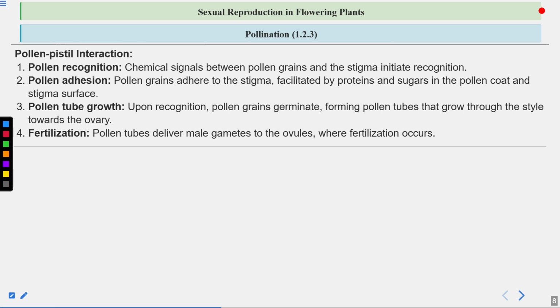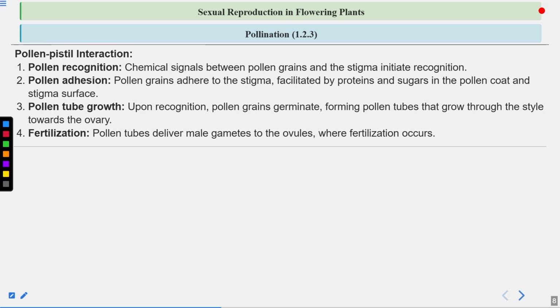This pore is present only on the exine part, not in the intine. The intine comes out in the form of a tube-like structure from that pore of the exine only, right?